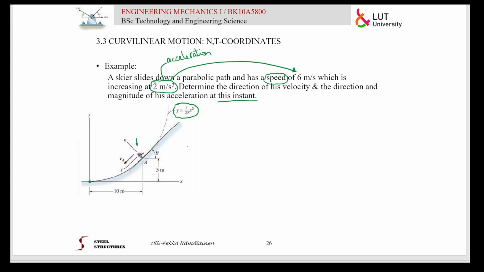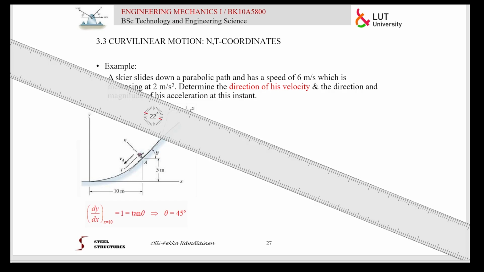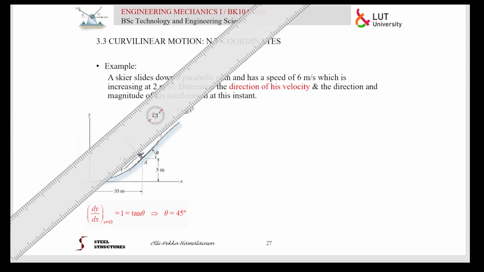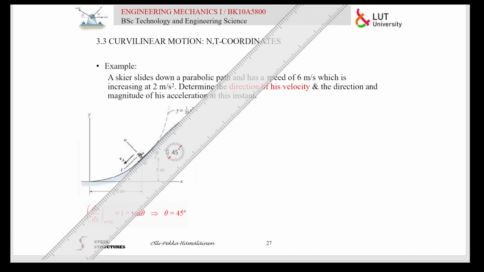Let's see. One thing to notice is that if I'm talking about tangents, tangents form an angle. The tangent of this skier at this moment is, we try to draw in red. So this is the tangent, considering the skier as a particle.